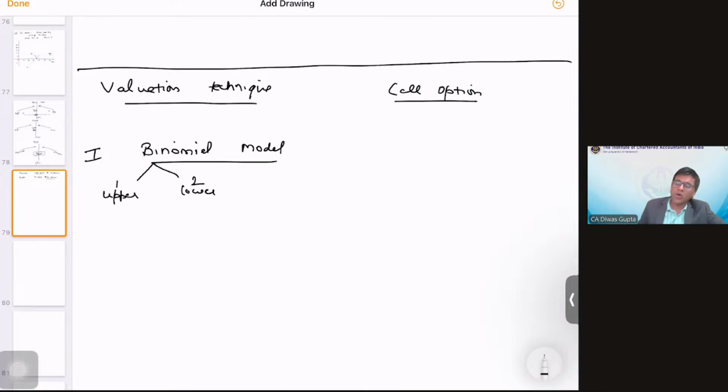Then there is a call option. Let's say the rate of interest is 10% per annum, because while valuing, we need to understand the rate of interest, similar to forwards and futures. The strike price is, let's say, 28 rupees.